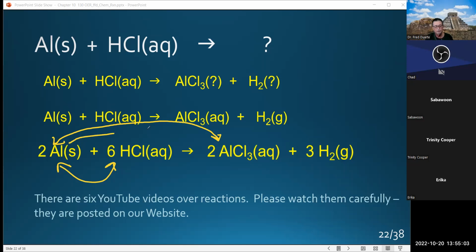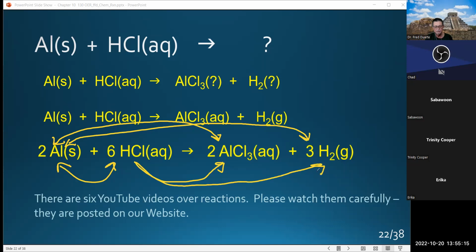From aluminum to hydrogen gas is a 2 to 3 ratio. From hydrochloric acid to aluminum chloride is a 6 to 2 ratio, and from hydrochloric acid to hydrogen gas is a 6 to 3 ratio. Those are the ratios that we could use down the road when we start doing calculations.